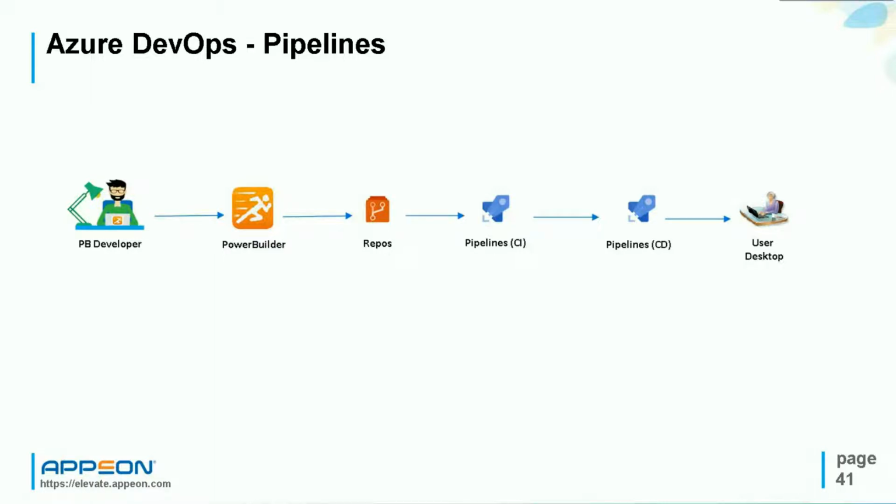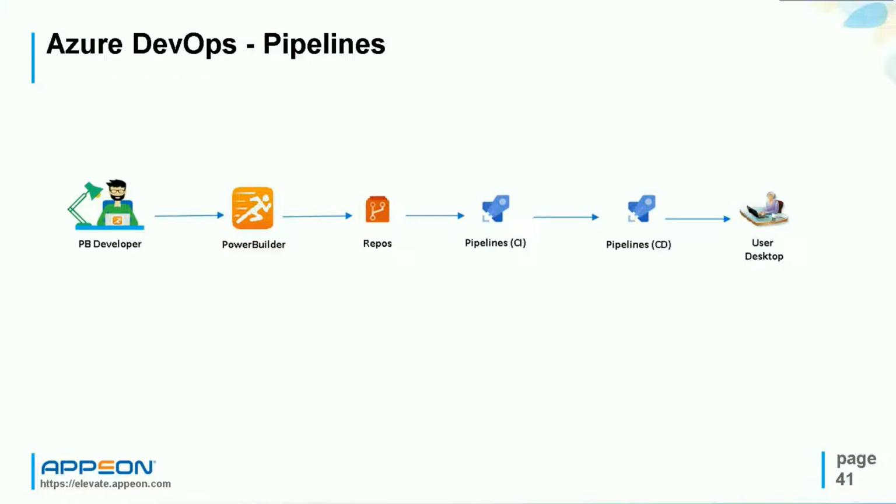Next, that really covers it for the repositories. Now we're moving on to pipelines, and this is an overview of the flow as I see it. You're the developer, making changes in PowerBuilder. Your changes get moved up to the master, which is the repo on Azure DevOps.